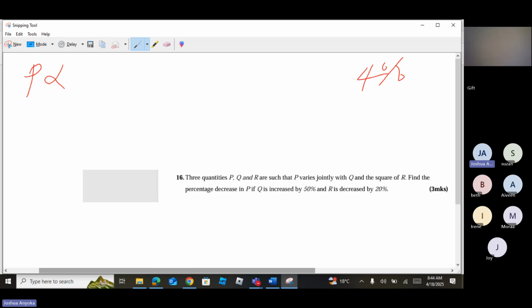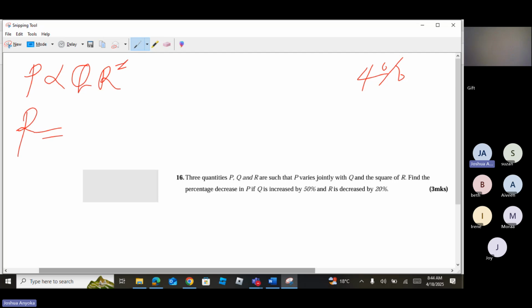If you have a look at the equation, there is no mention whether it is inverse or direct. But when there is no mention of inverse or direct, that one automatically goes direct. So P varies jointly with Q and the square of R. Introduce the constant of proportionality.